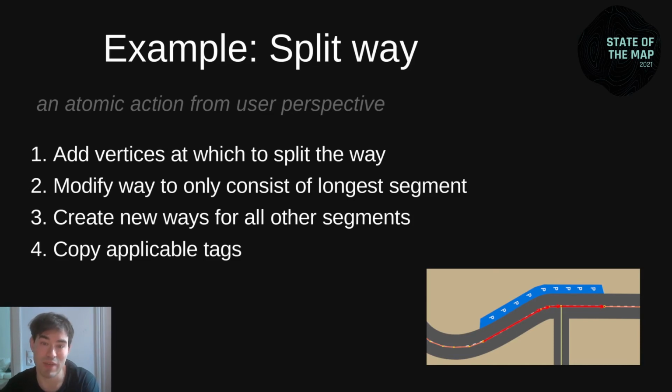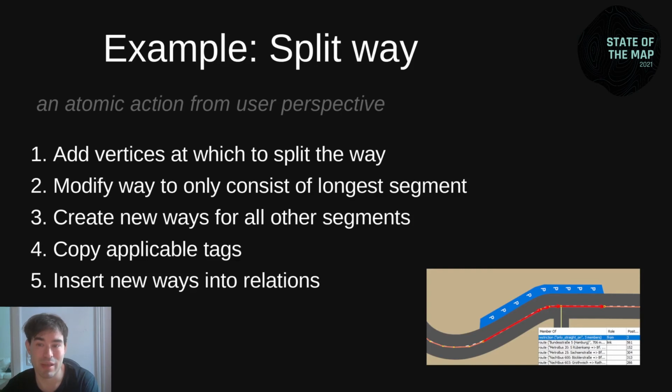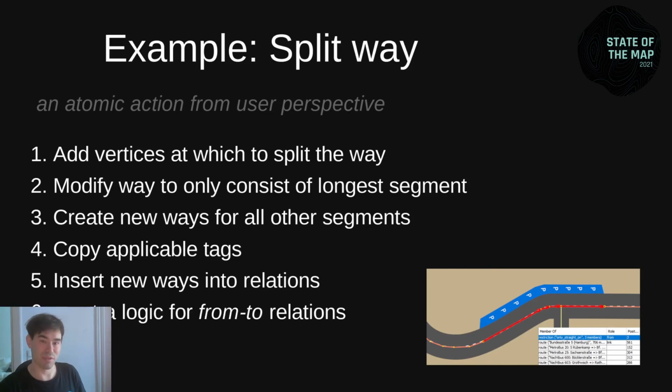And then, finally, this is the most complex part, we need to update all the relations that refer to the way. And also there's extra logic for from-to relations. What this should show is that an action from user perspective is very different from an action from the OSM API perspective or the technical perspective.